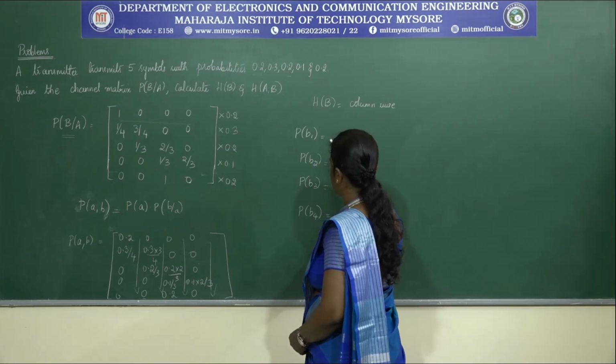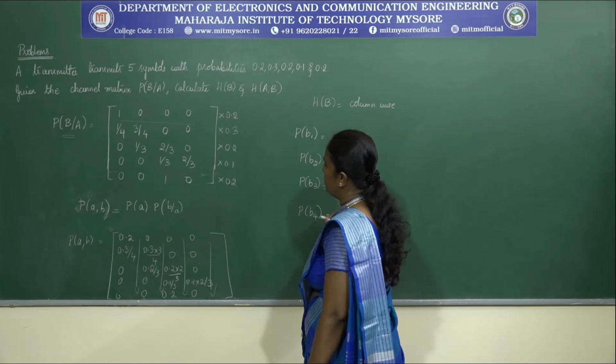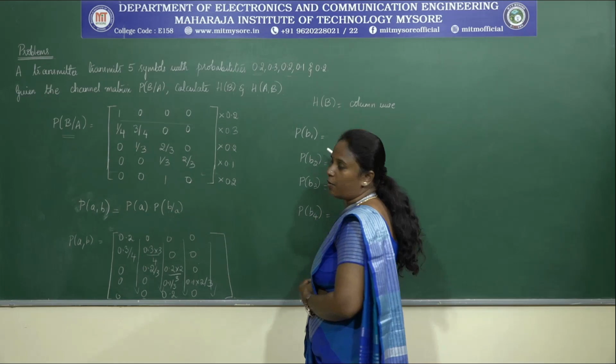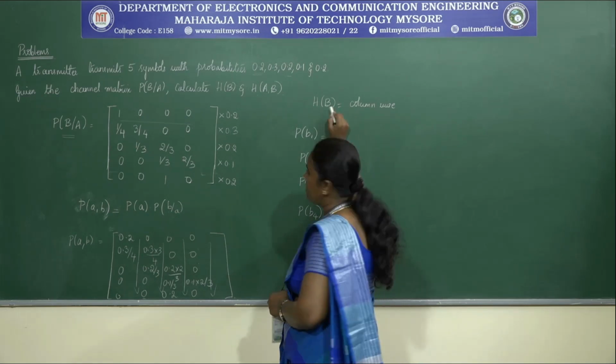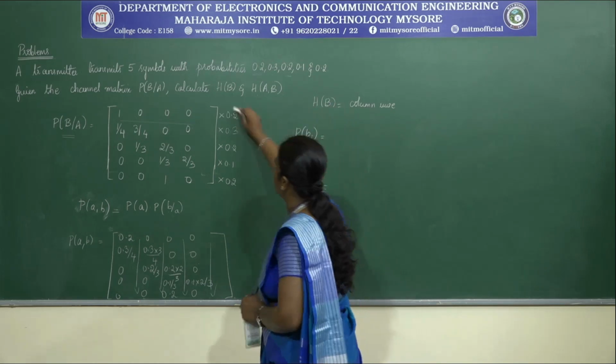If you sum all the elements column wise, you will get P of B1, P of B2, P of B3 and P of B4. Once you find all these, you can substitute in the formula for the output entropy, H of B, and you will get H of B.